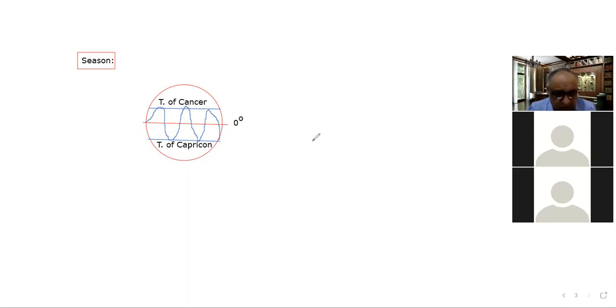So now the point is, we can say, when the sun is on the equator. At this point the sun is on the equator.